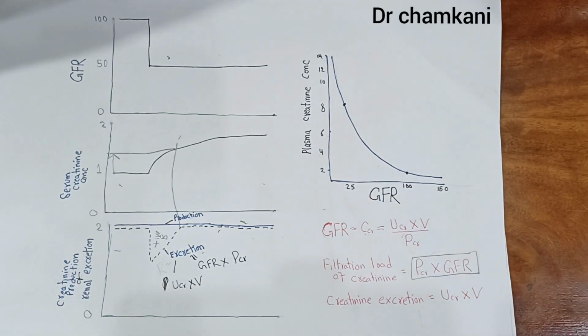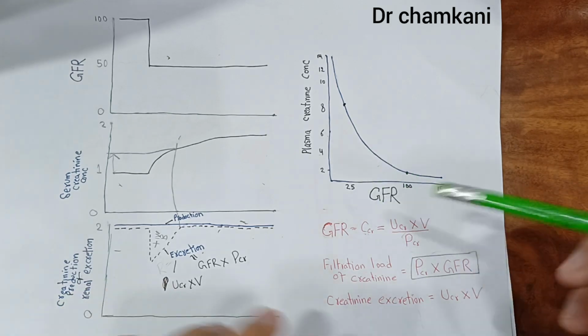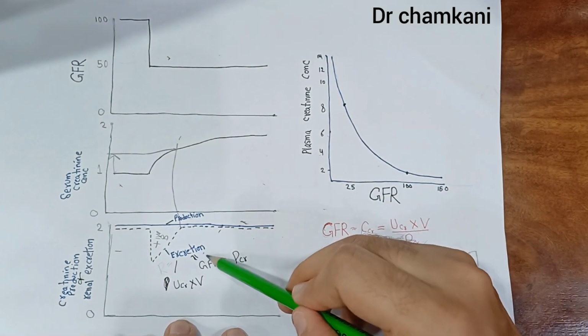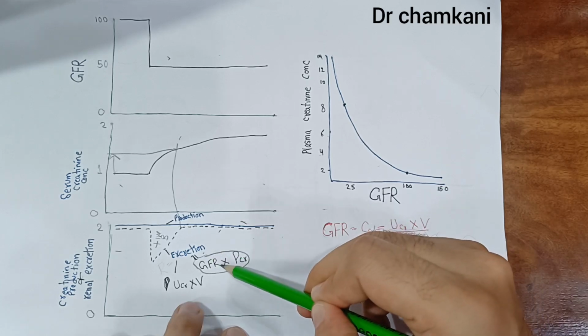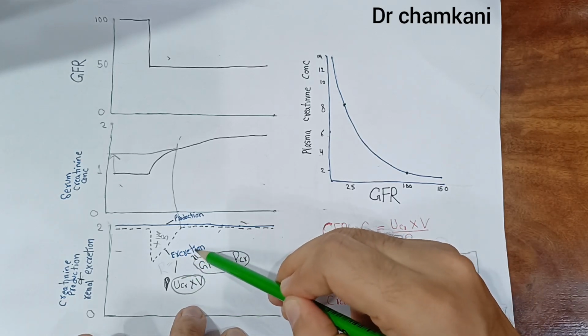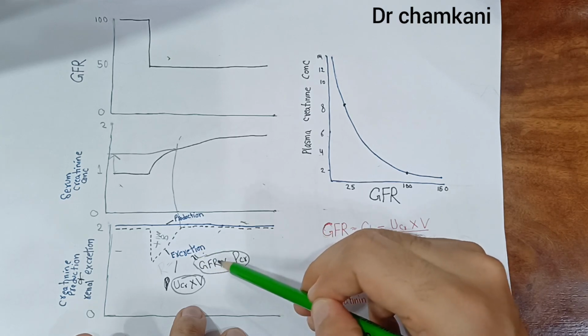So that's the concept of creatinine clearance and the concept of GFR, and it is very simple. Normally we need to have two equal parts of this equation: the filtration load versus the excretion, and this excretion must be equal to the filtration load.